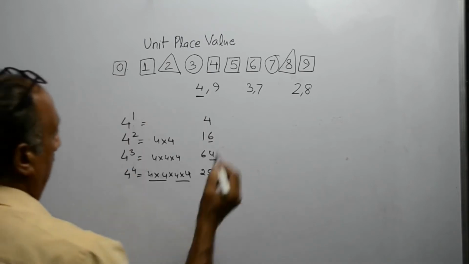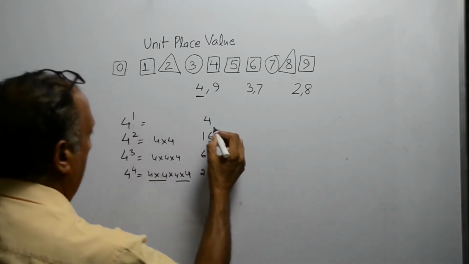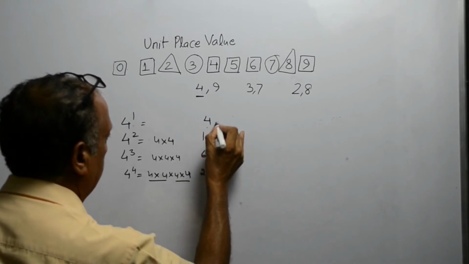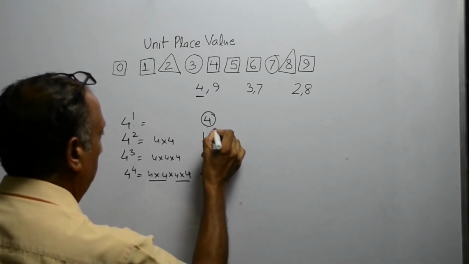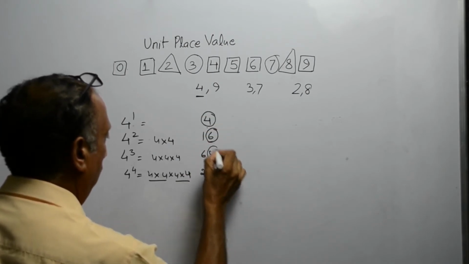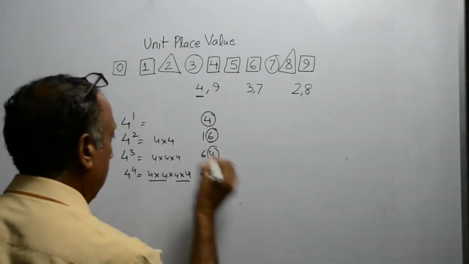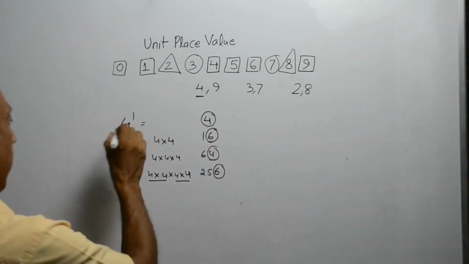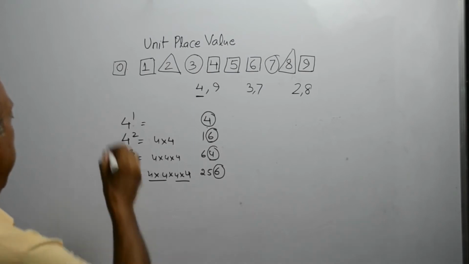So, alternately, we are getting 4, 6, 4, 6 as the last digit when the last digit of a number is 4.